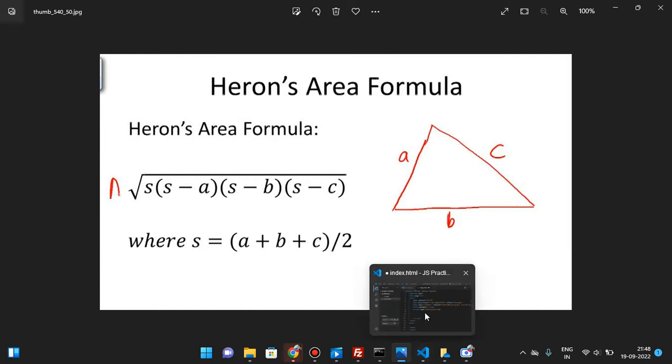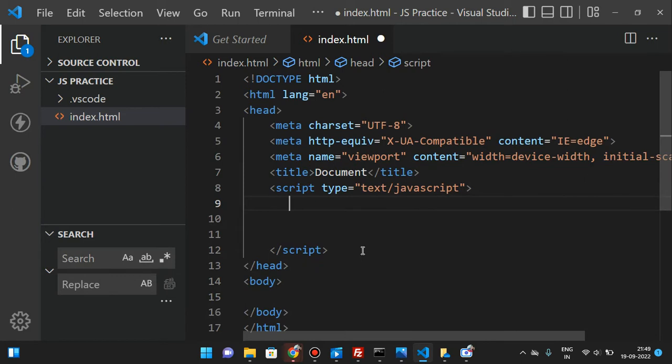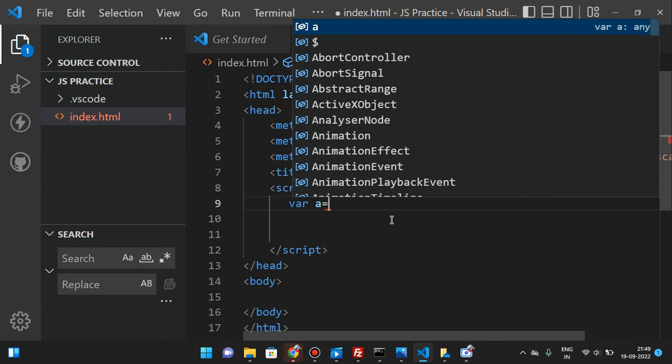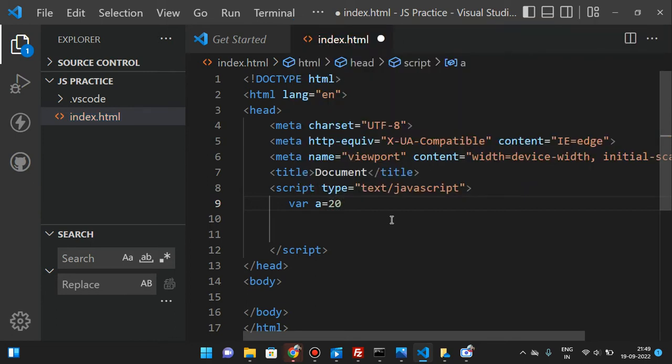Okay, let's begin to write the code. I take three variables A, B and C. Suppose the value is 20.